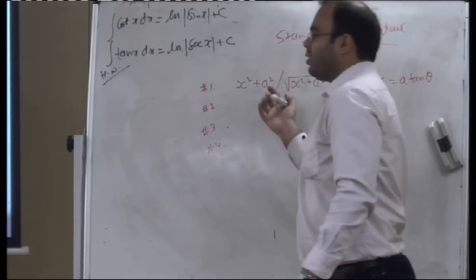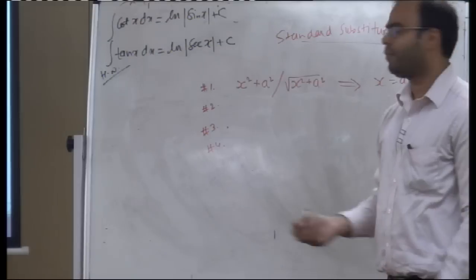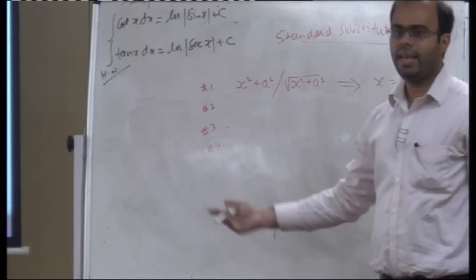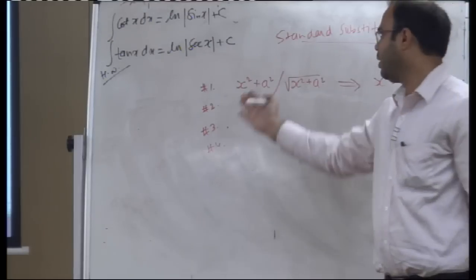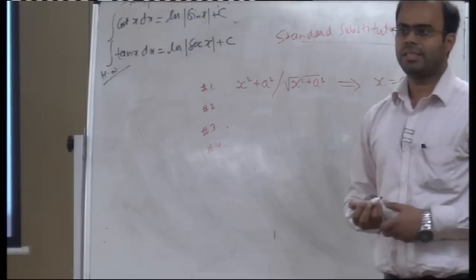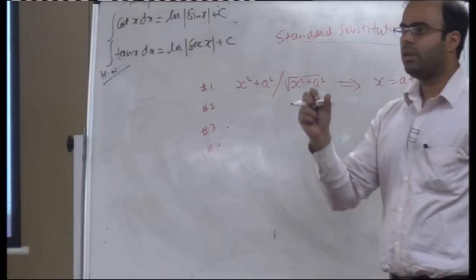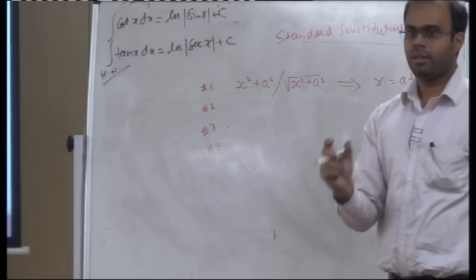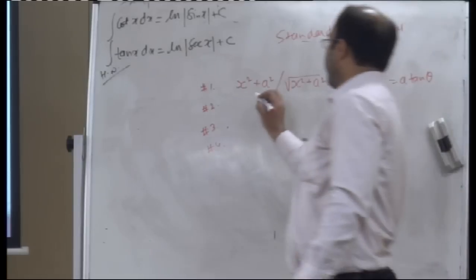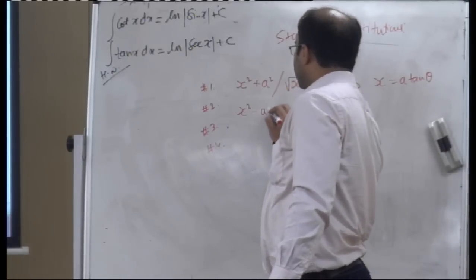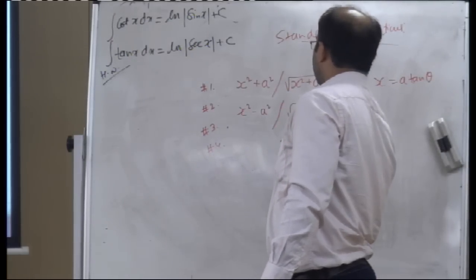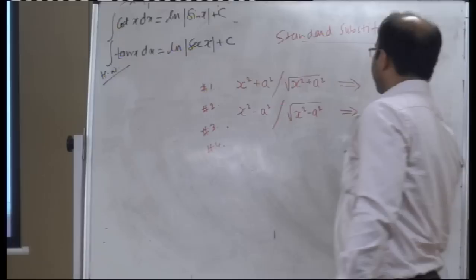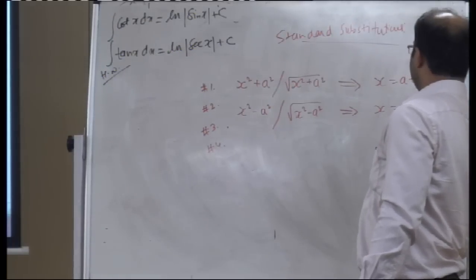You can understand why we are doing this, because after putting x equal to a tan theta, you get a square as common, and you get tan square theta plus 1 as sec square theta, which is actually one integrand. Then it would be easier to solve. If you have x square minus a square or root over x square minus a square, then x equal to a sec theta.